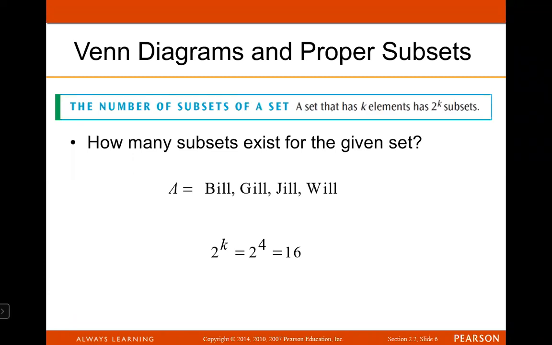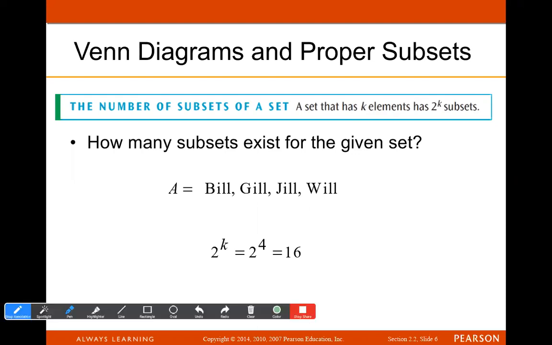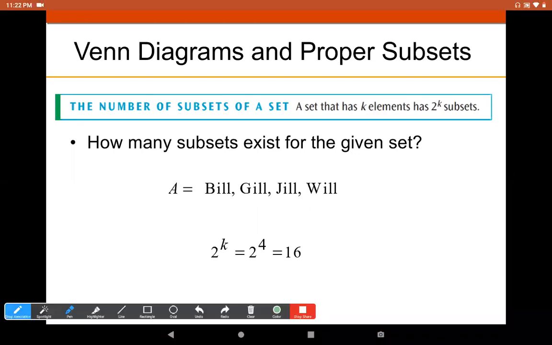Continued. The number of subsets of a set. A set that has k elements has 2 to the k subsets. How many subsets exist for the given set? A is the set, which for some reason the brackets didn't come up, so I'll just draw them on there. A is the set of the names Bill, Gil, Jill, and Will.